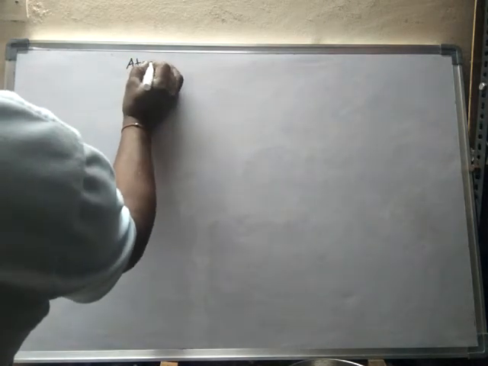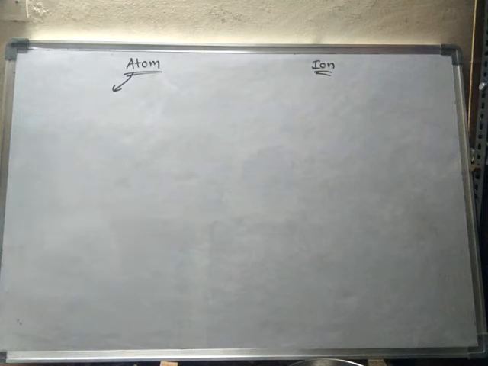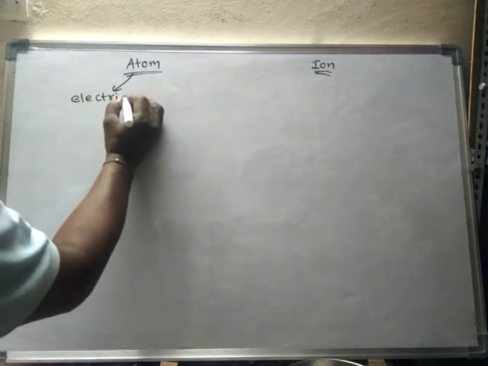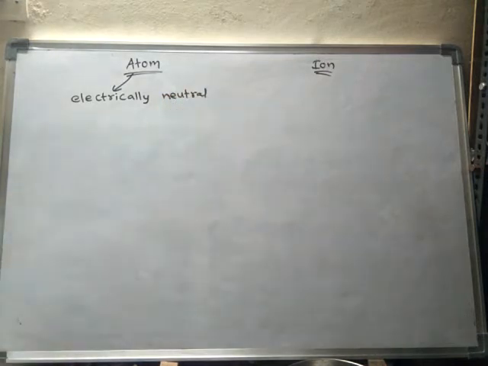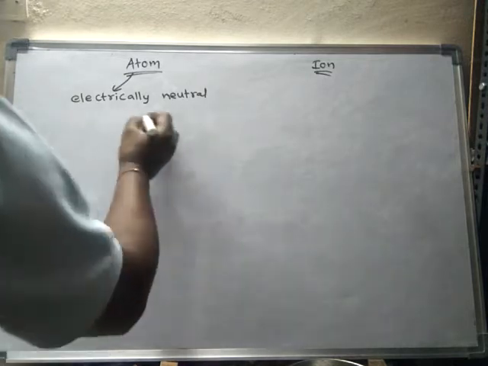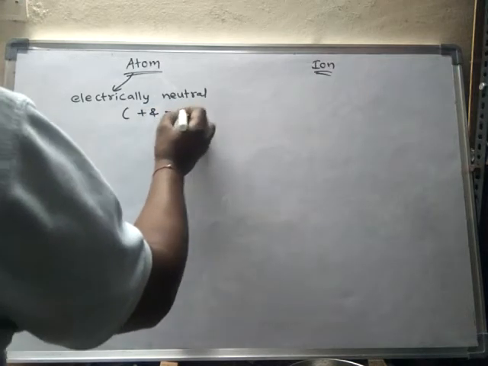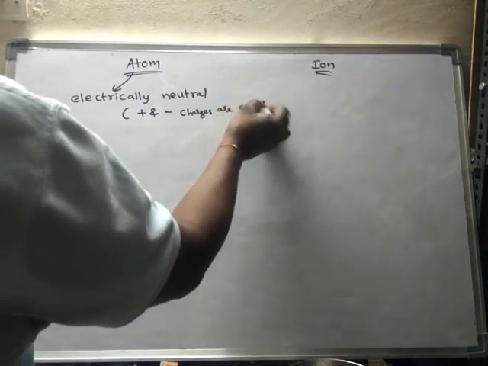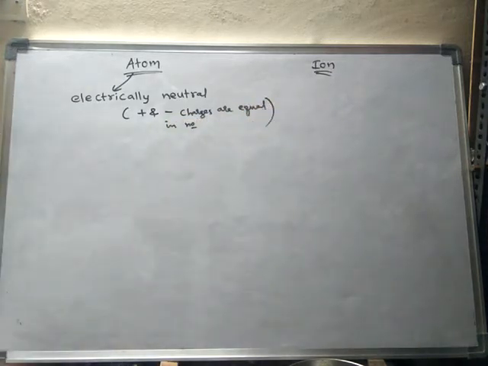The number of positive charges and the number of negative charges are equal in an atom.